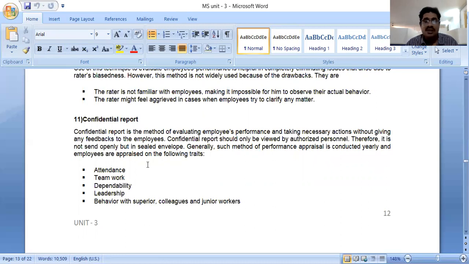All these points are considered, and based upon them the hierarchy will write a paragraph or essay in the name of their subordinates. This report may be positive or negative, purely based upon the employee's performance. This report is the confidential report.